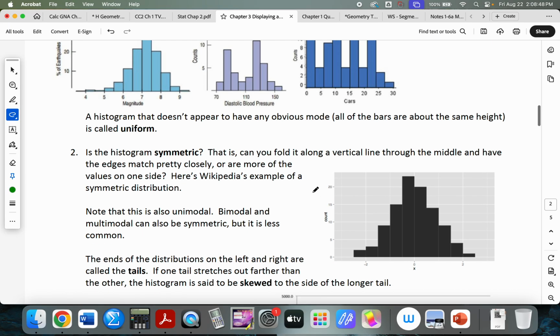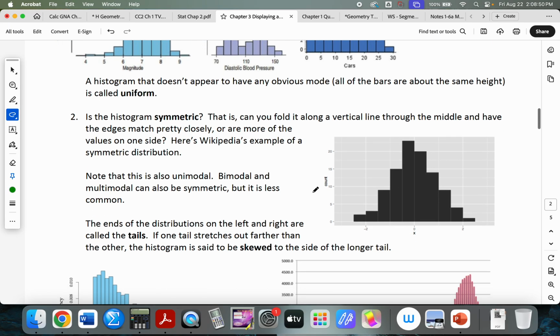All right, next, still talking about the shape, is it symmetric? Now, symmetric doesn't mean perfectly symmetric, right? If you were to, well, this is kind of disgusting, but if you were to take a person and cut them in half from the top of their head all the way down, the two halves are not quite the same, okay?